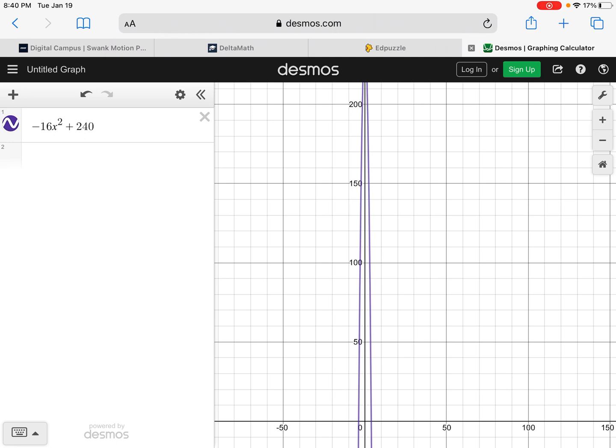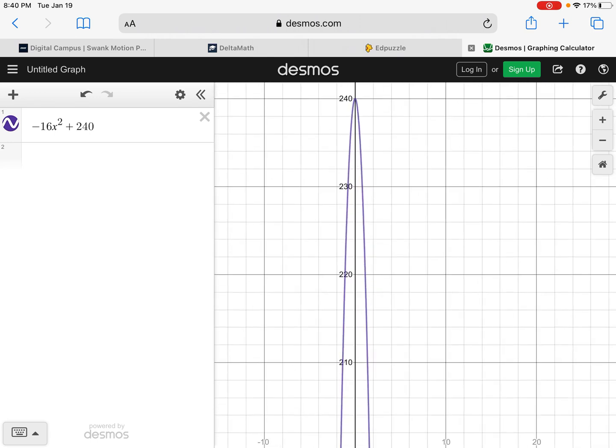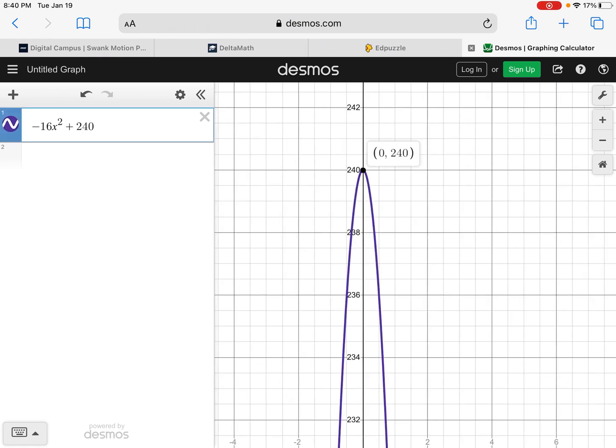And sometimes it's like kind of a little hard to see it, right? Depending on your scale. Let's talk about a couple things. First of all, the only quadrant that matters is the first quadrant because that's where time is positive. And your parabola starts at 240. We already know that. We already know because that was the initial height, right?